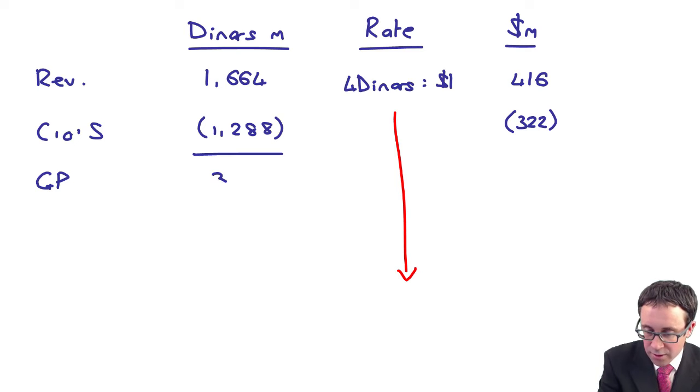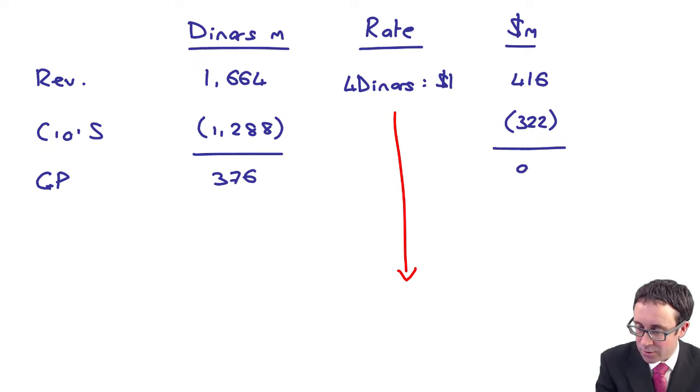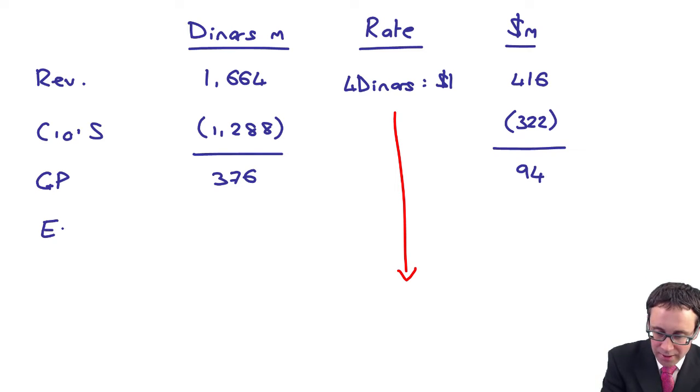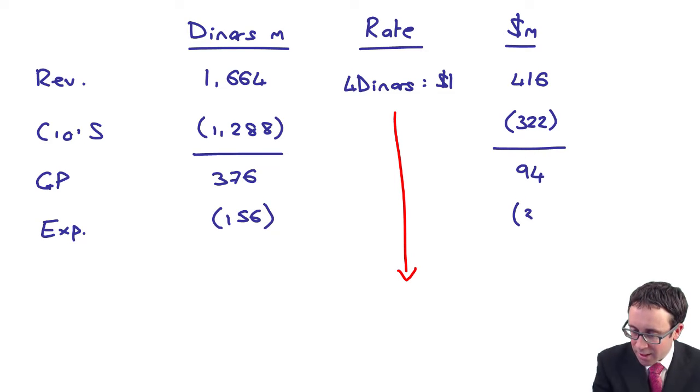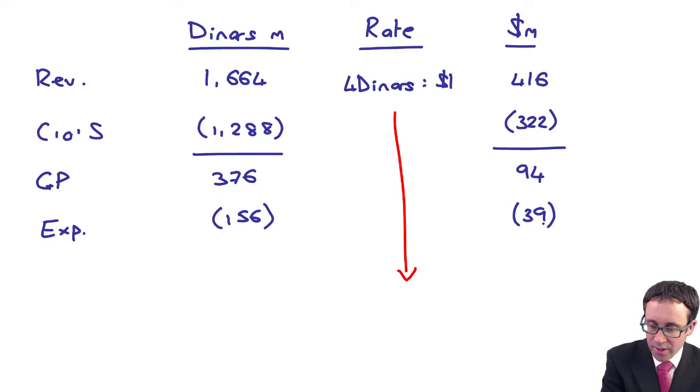Gross profit is 376. You can either translate it or just add it down. It's up to you. You've then got your expenses, which are 156, which translates to 39 at a rate of 4.